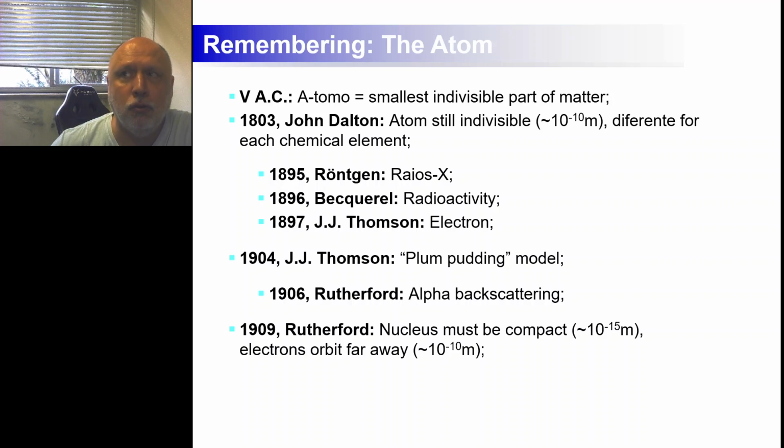Can you divide matter indefinitely? There were two ways of thinking. Some people said we can, and some said no, there's a limit, a smallest part. And so they gave it the name atomo, which in Greek means no division.